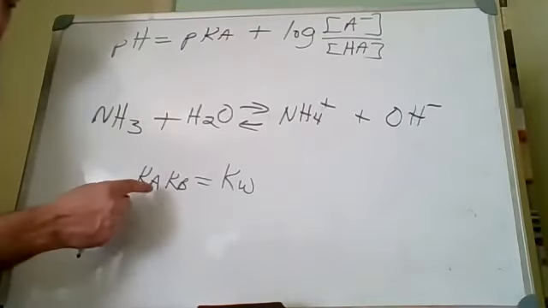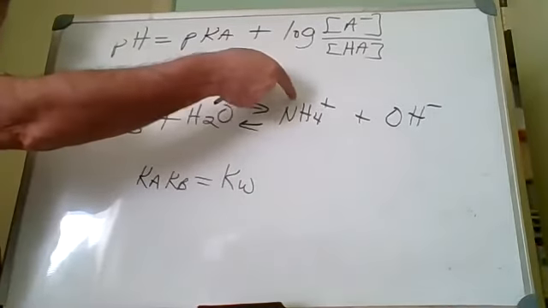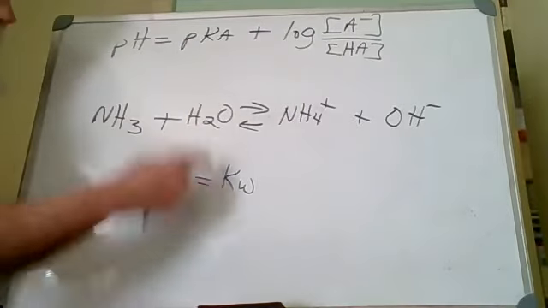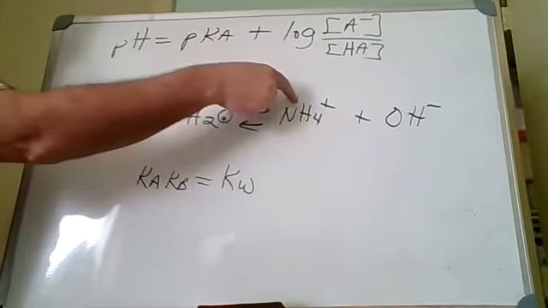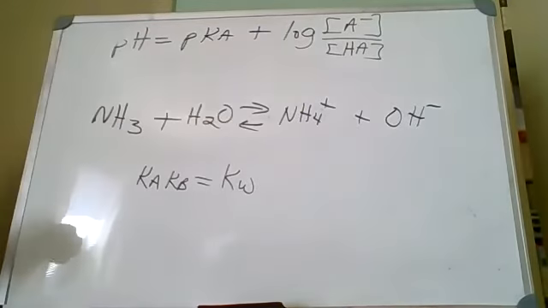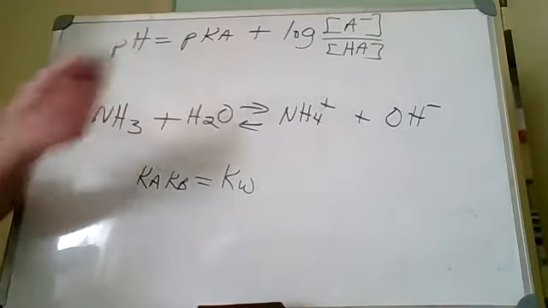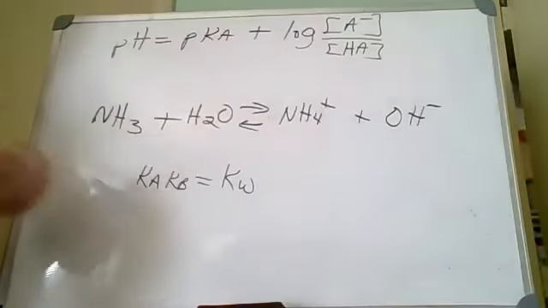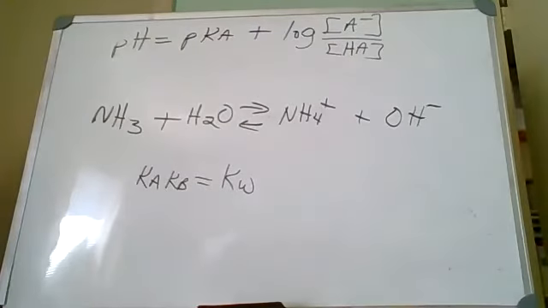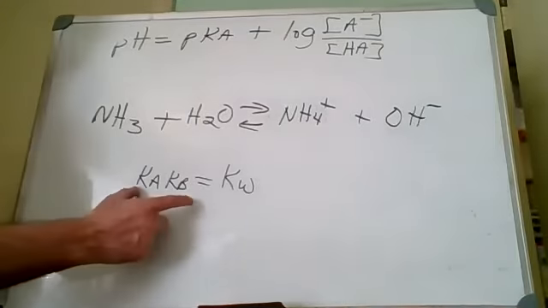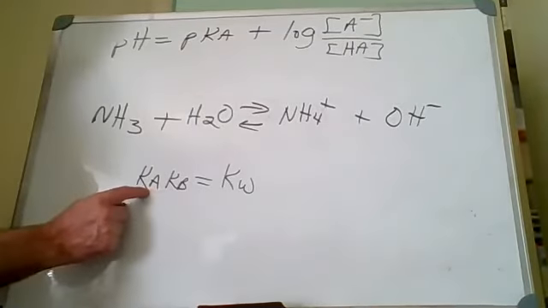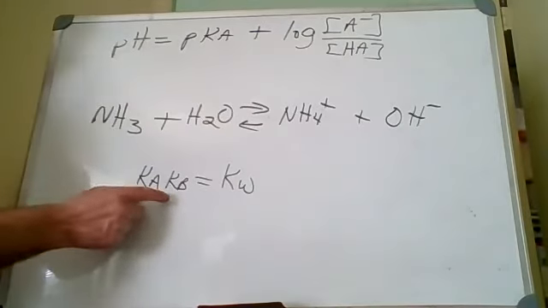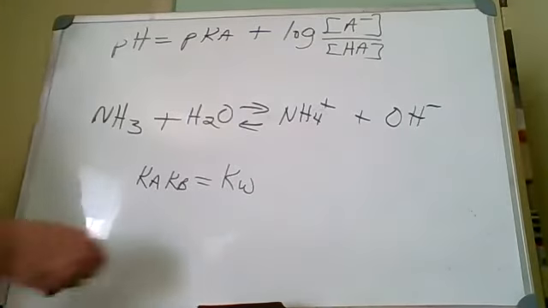Then you can use this equation to find Ka for the conjugate acid. So you can very quickly, using this equation, get the pKa for NH4 plus. So even though this equation is written seemingly for weak acids, it can also be utilized for weak bases, by recognizing that you can find the Ka for the conjugate acid of a weak base. So we should recognize that.